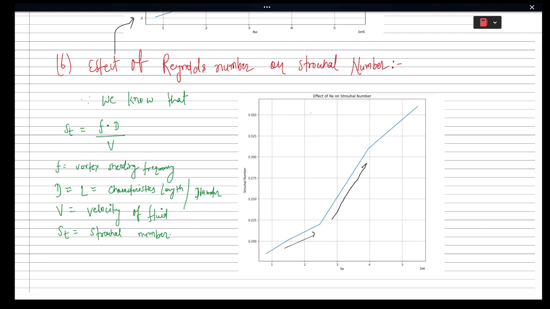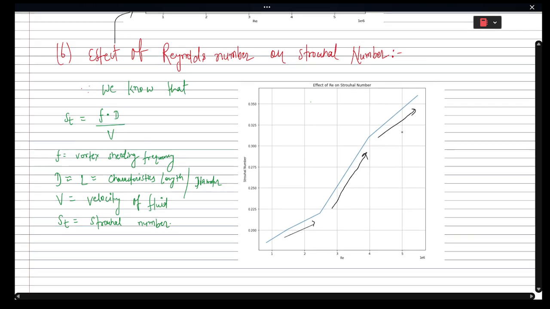And finally the increase slows down again at a very high Re. The change in St helps us understand the patterns of vortex shedding, which is important for preventing vibration or structural damage caused by these swirling flows.